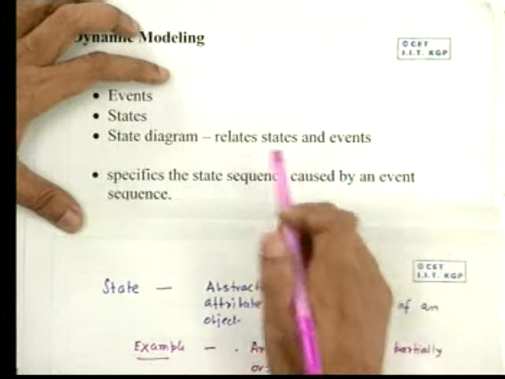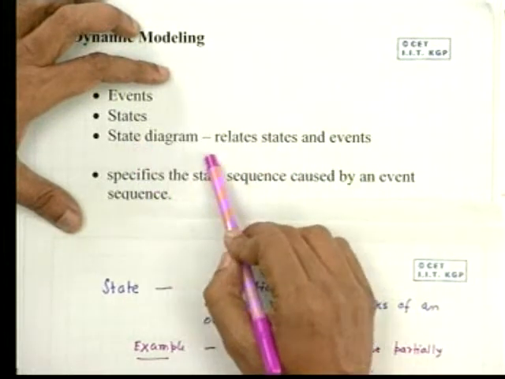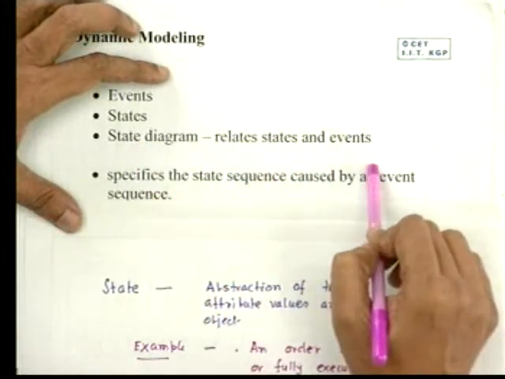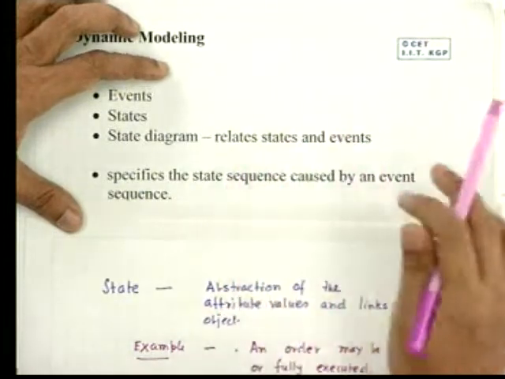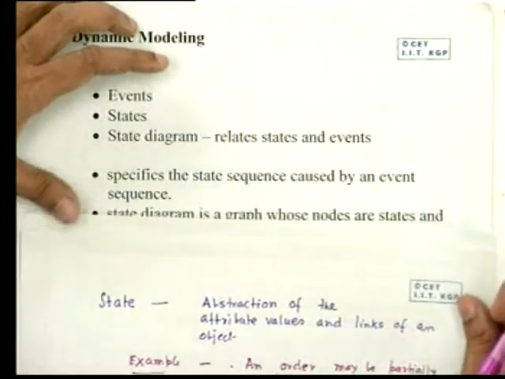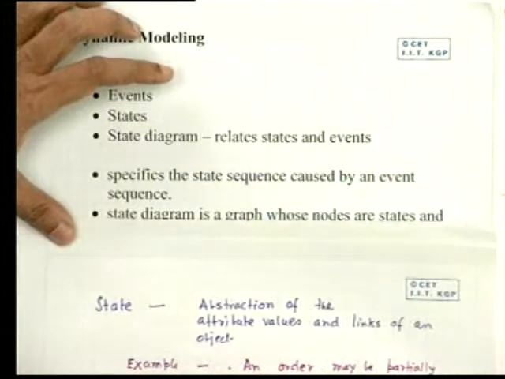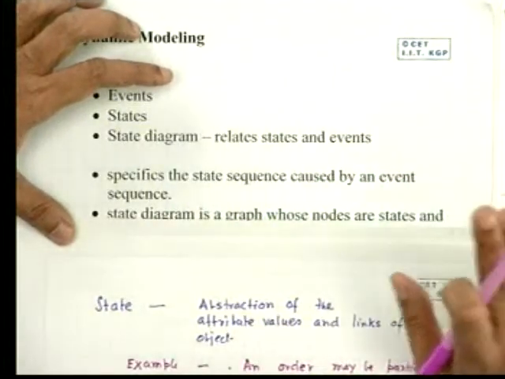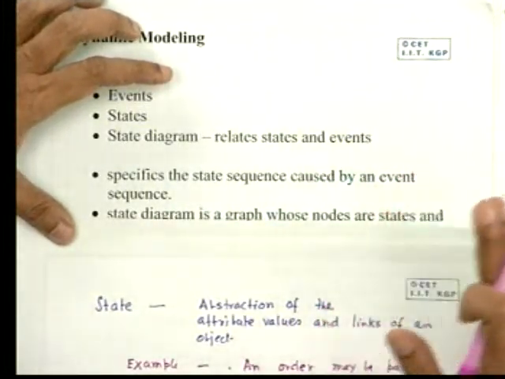So this is what we call the state diagram. It is described by a state diagram which relates states and events. The state diagram will specify the state sequence caused by an event sequence. That means if a sequence of events occurs, how will the object go from one state to the other.